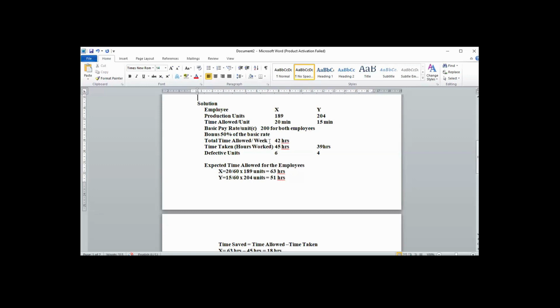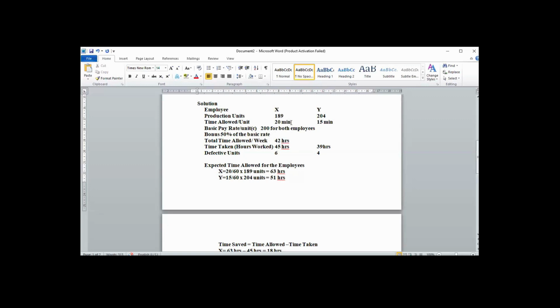This is the time allowed per week. If you want to work in a week, you must work 42 hours. Is that what they used to work? No. But that is what they will use to pay them their basic pay. No doubt about that. But based on the time allowed given to them per unit, what is the expected time allowed given to them?